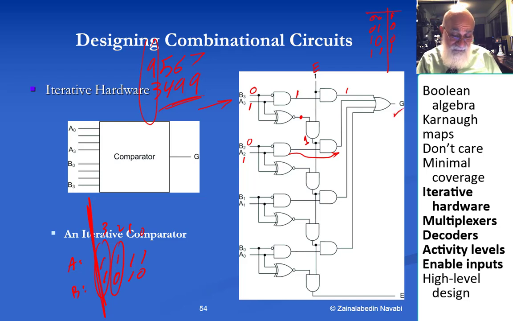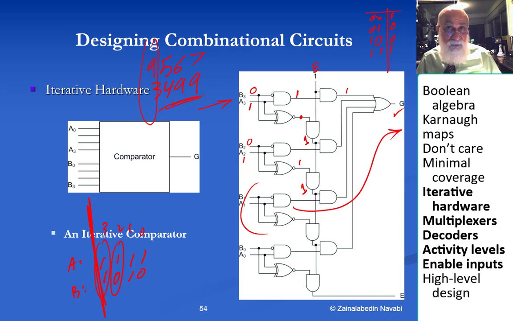On the other hand, if bit number 2 also says I'm not going to be able to make a decision, this one is going to be passed down to this gate, leaving the decision up to bit number 1. If bit number 1 can decide, it will turn on my G output. If it cannot decide, it's going to pass on the decision to the lower bit, bit number 0.